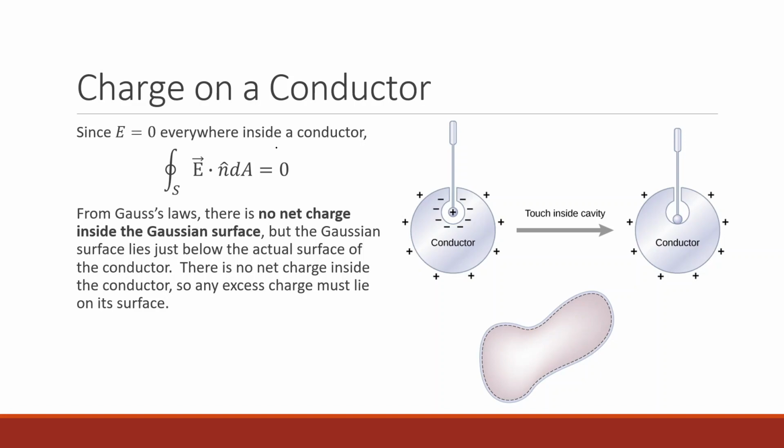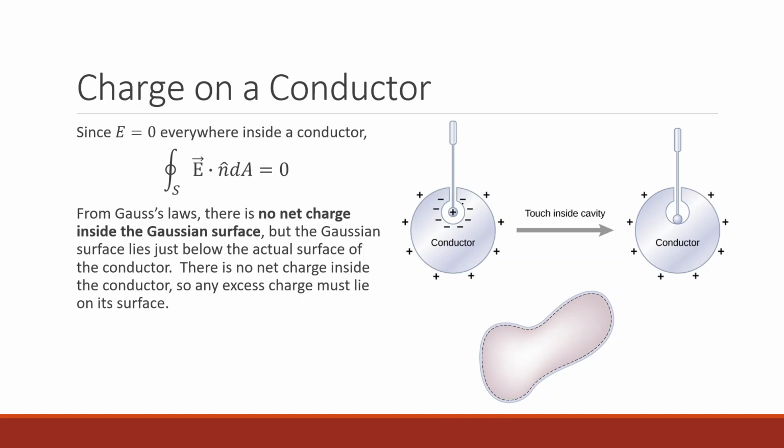From Gauss's law, there's no net charge inside the Gaussian surface, but the Gaussian surface lies just below the actual surface of the conductor. There is no net charge inside the conductor, so any excess charge must lie on its surface. So this tells us that there must be something going on at the surface. If this entire thing is a conductor, our Gaussian surface lies just beneath the actual surface, and the electric field is 0 inside, but outside there is still something.